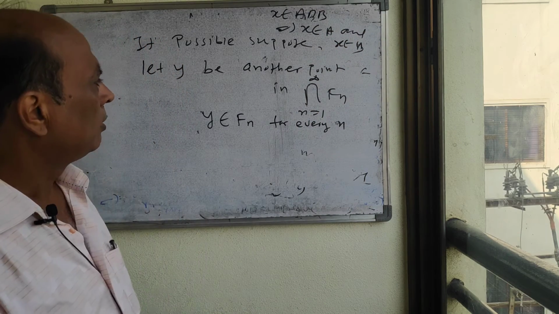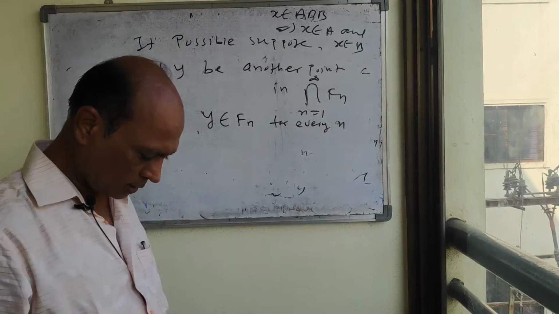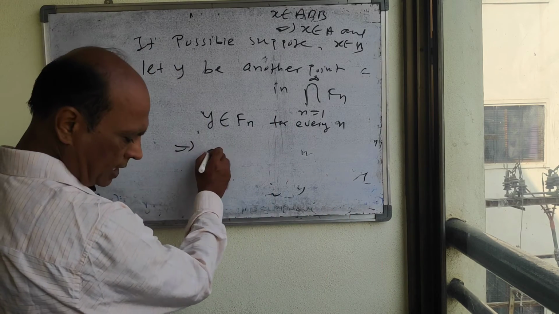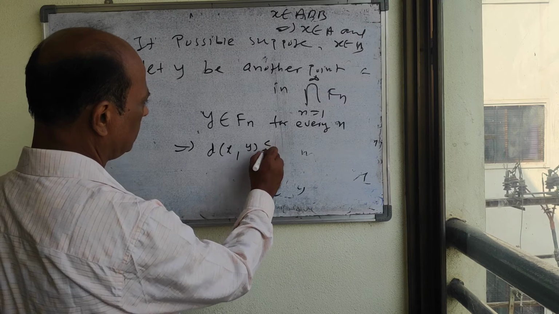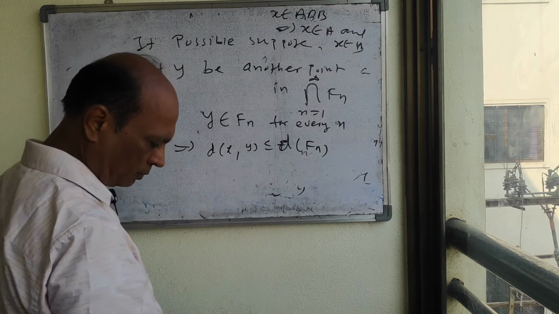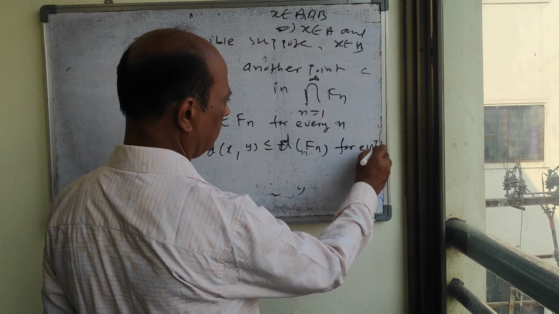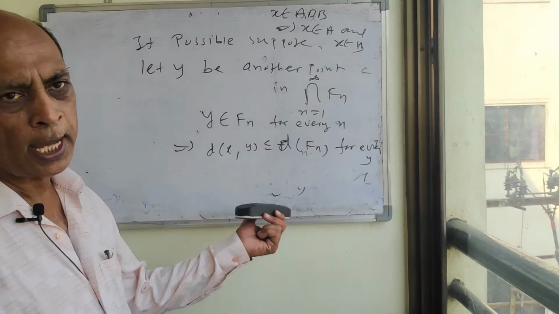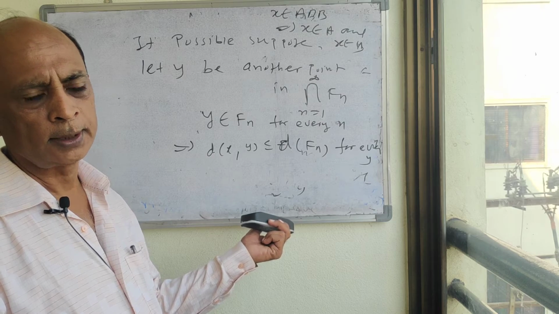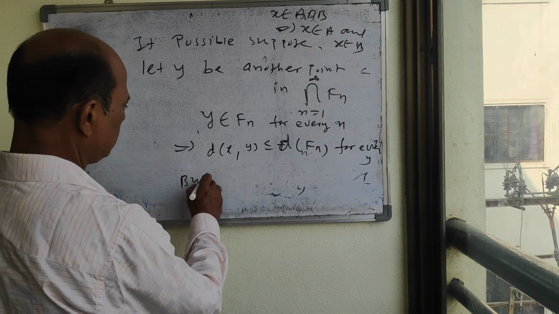So here also y belongs to the intersection of Fn, it means y belongs to Fn for every n. Which implies that d of x, y is less than or equal to d of Fn for every n. This is my definition of diameter. You see that definition from our first lecture.